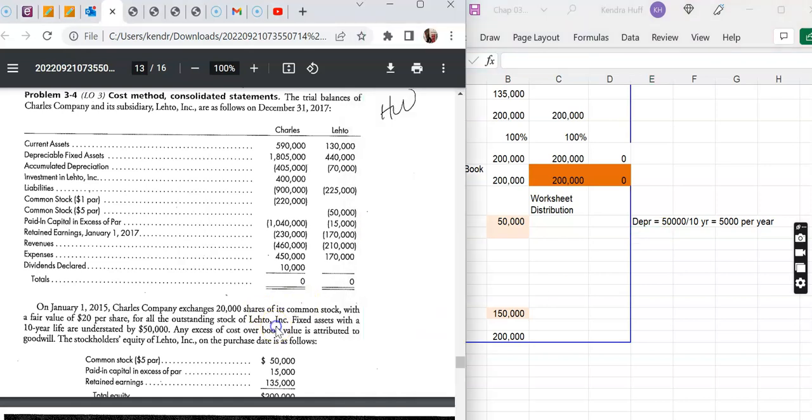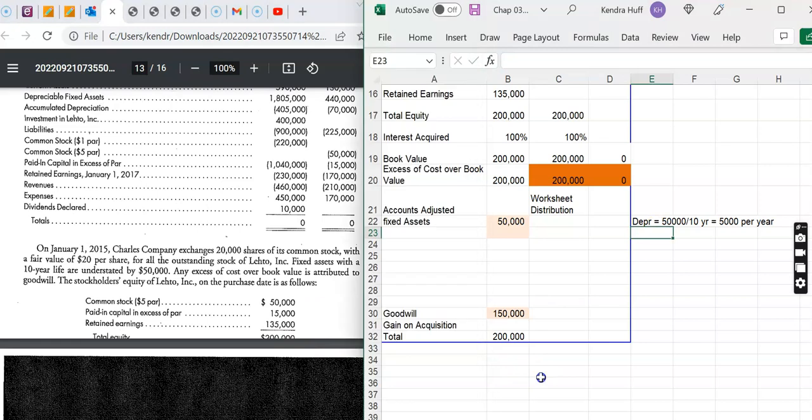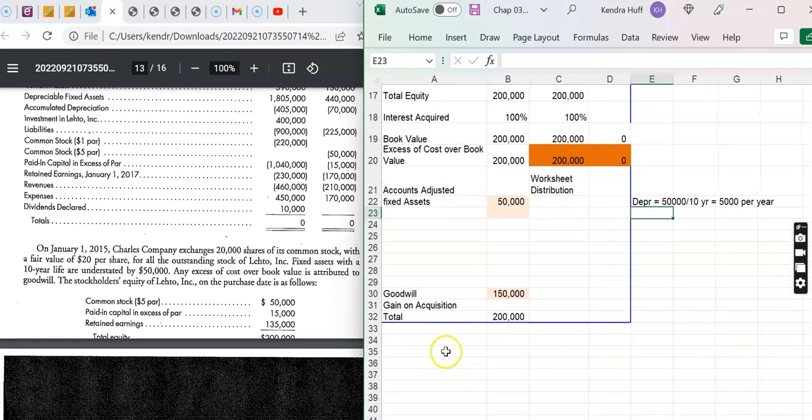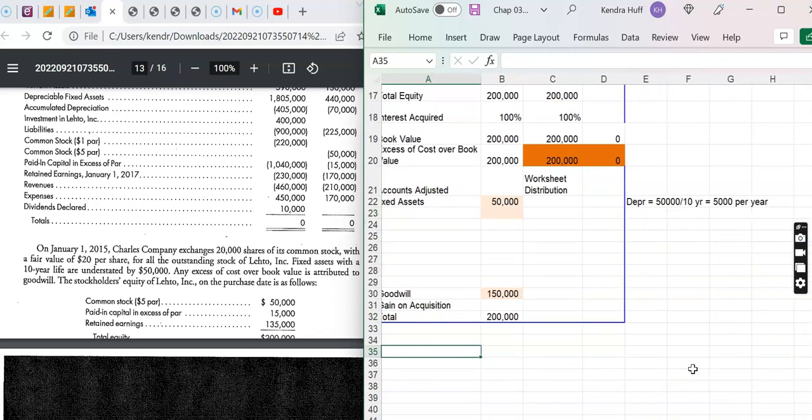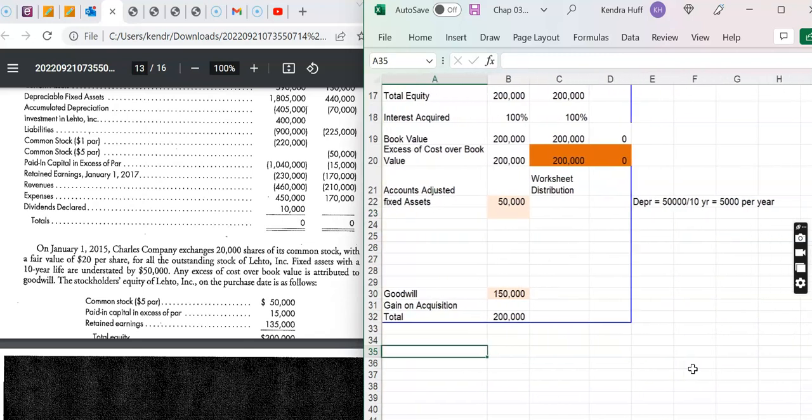All right, now we just need to do the financial statements. So we'll do the income statement first. I guess I'll just do it right here.